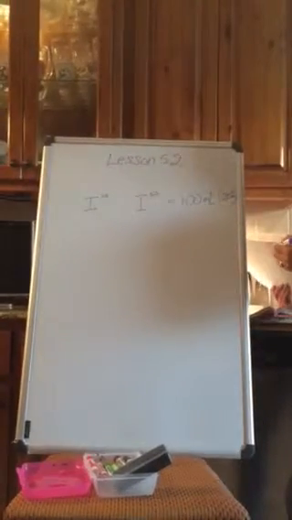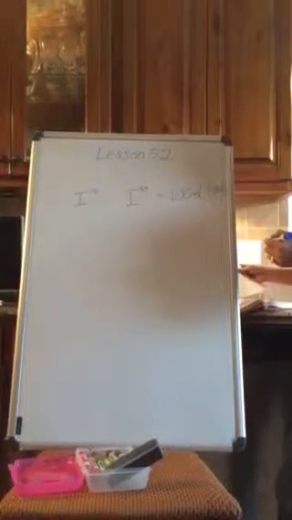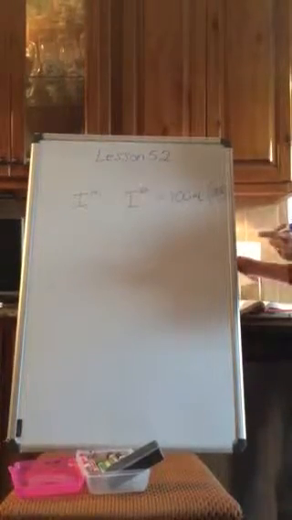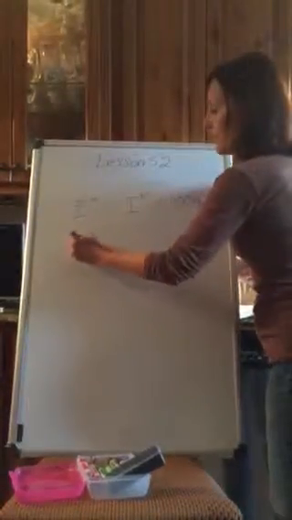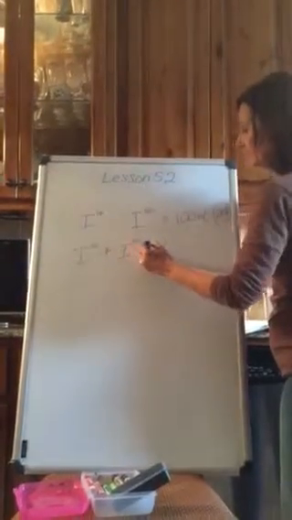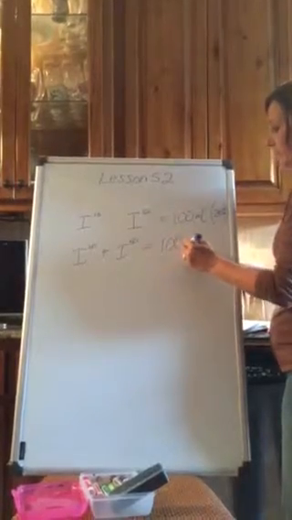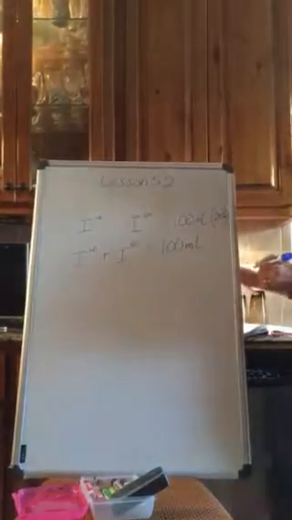All right. So we know two things. The first thing I can say is that the amount of the iodine 10 plus the amount of the iodine 50 has got to equal 100 milliliters.